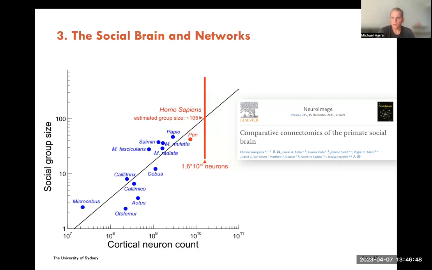We belong to a continuum of brain sizes and group sizes. And we can see that those primates with smaller cortical regions have smaller sizes, and there is a smooth continuum up to Homo sapiens, where we have the largest cortical regions and also the largest group sizes. So we belong to a continuum. We aren't special in this sense. We are simply a continuation of an evolutionary history.